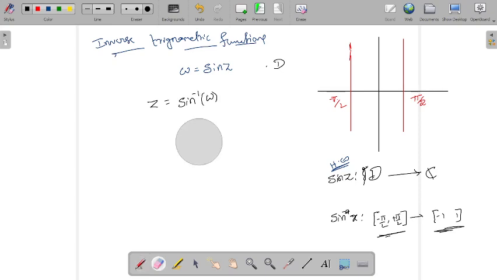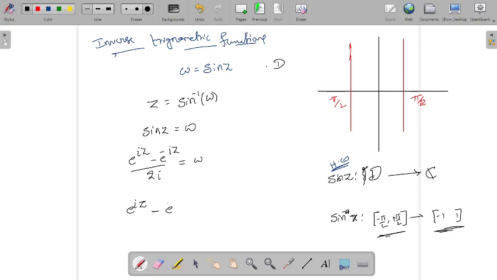To know this, let me do one thing. Let me rewrite this as sin z equal to w. But you know sin z can be written as e power iz minus e power minus iz by 2i equal to w. My aim is to solve for z in terms of w. So to solve it, you can multiply both sides by 2i, which gives 2iw.